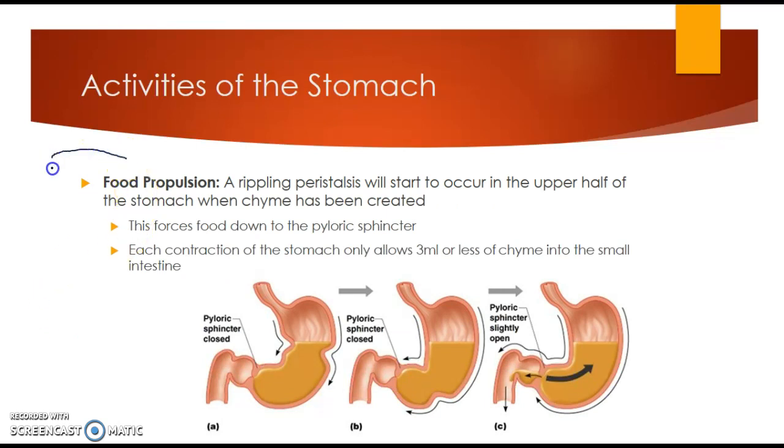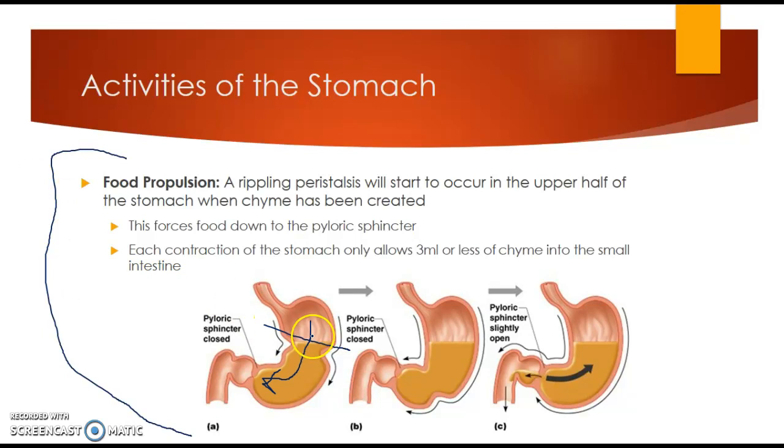Then we have food propulsion. Obviously, it's really important. We've got to move the food from one area to the next. The propulsion is really interesting because it's going to start to occur up top and then move down as our chyme is being formed and moving down, and it forces food down into the pyloric sphincter.